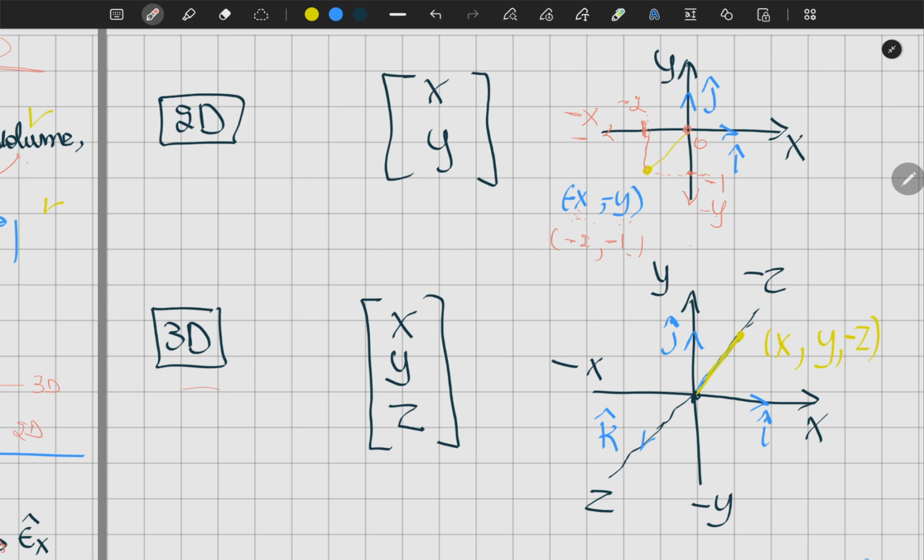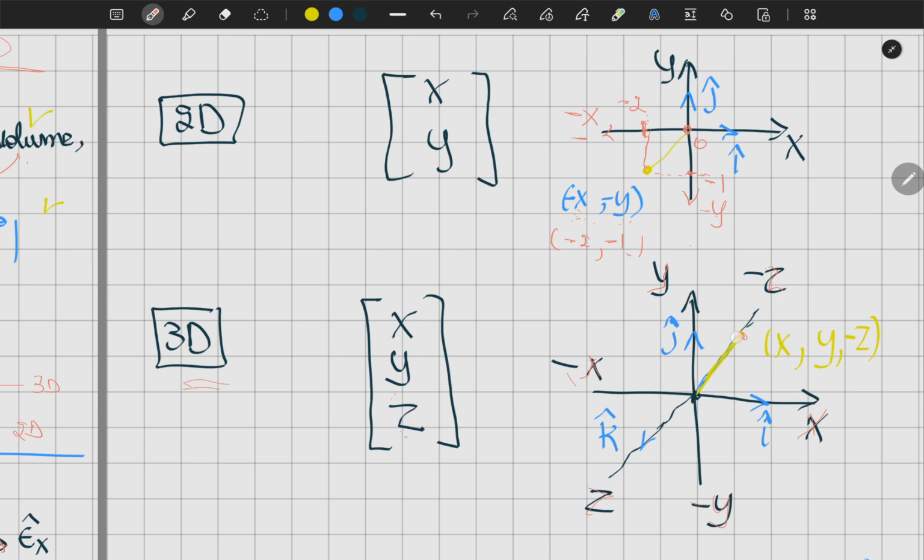Now let's say 3D, x, y, z. This is where you have y, this is where you have negative y, x, and z. And here we see negative x, negative z. So this is actually 3D. That's why we have 3.